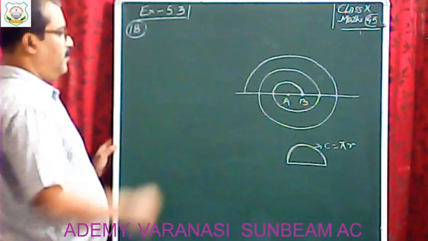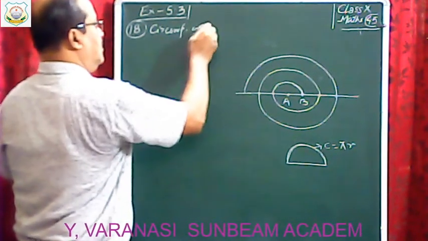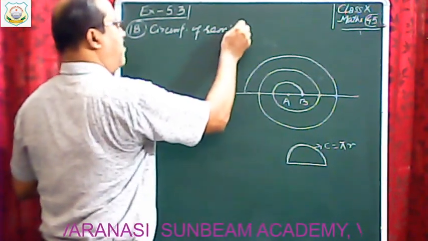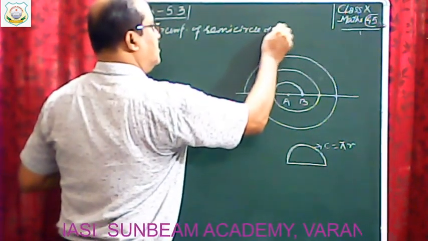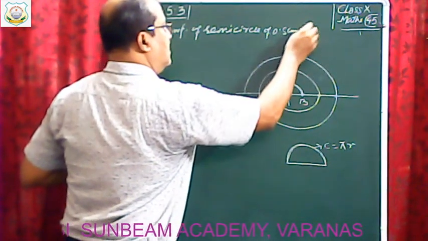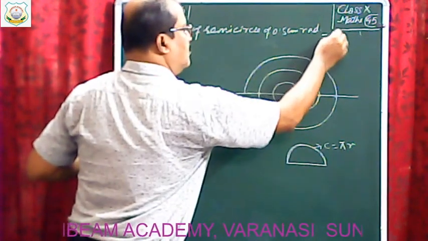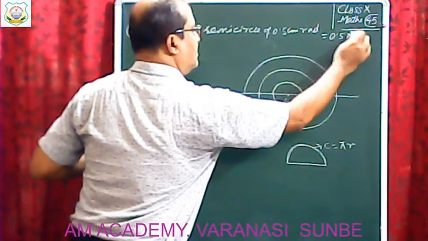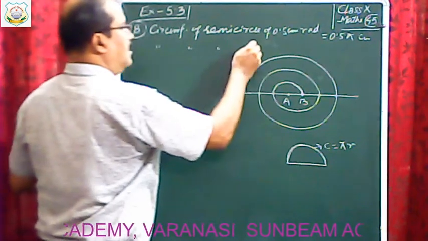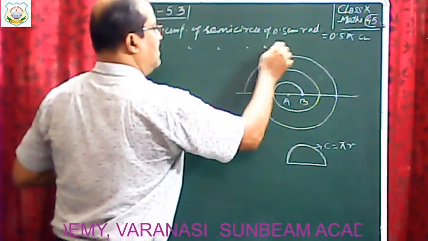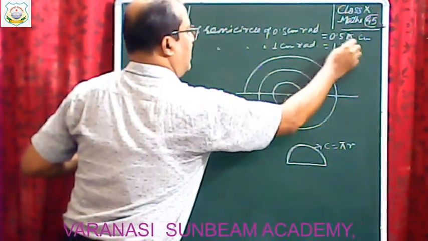First of all, the circumference of the semicircle of 0.5 centimeter radius is pi r, 0.5 pi centimeter. The circumference of the semicircle of 1 centimeter radius is 1 pi centimeter.